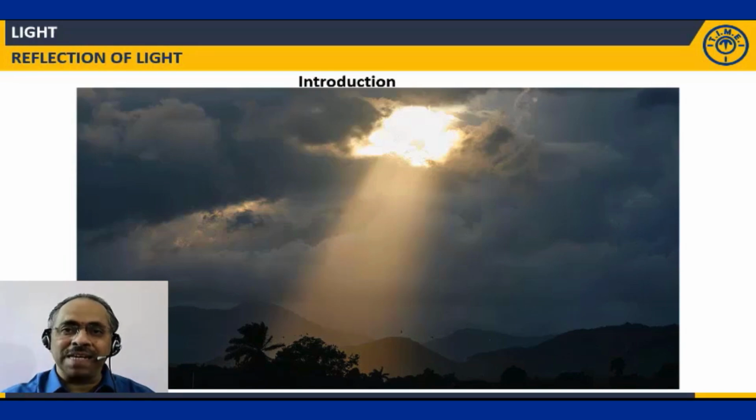The light rays are piercing through the small opening over there and reaching the Earth's surface. Now you will be able to see as if a streak of light coming from the sun and being received on the earth. So this is what we call a ray of light.